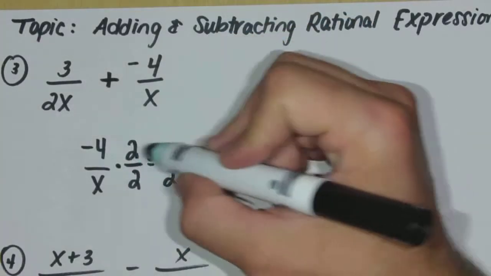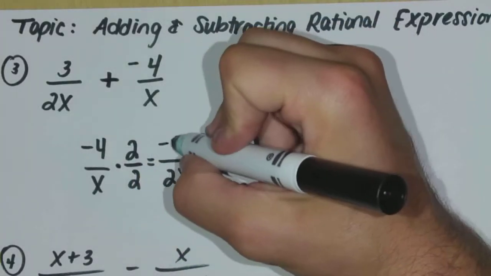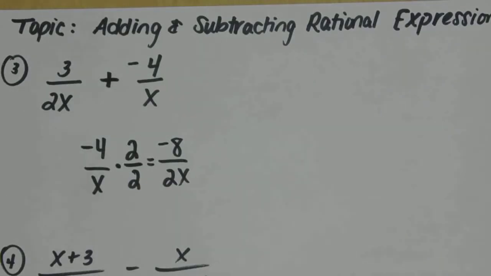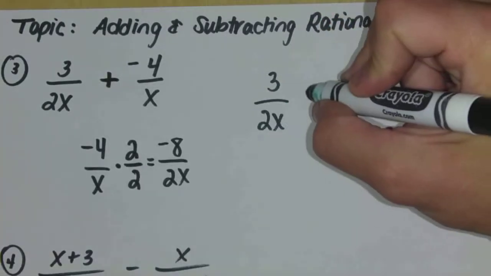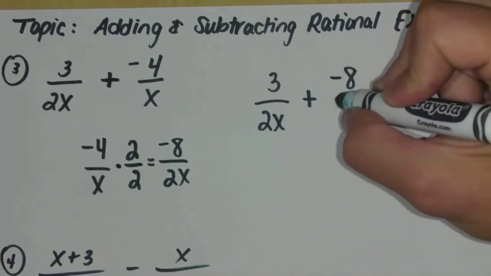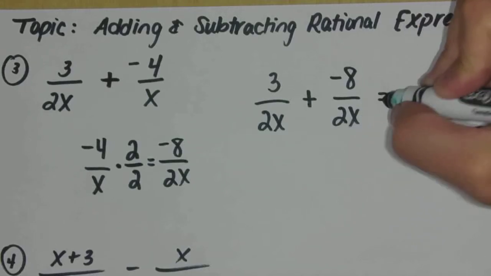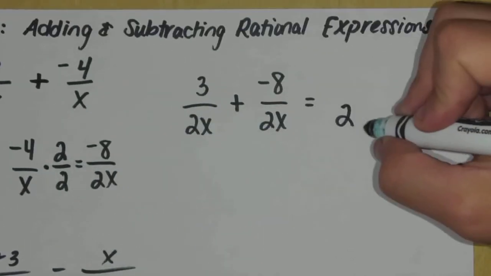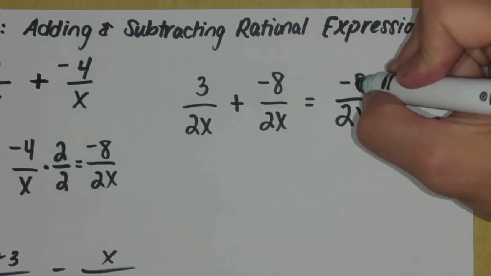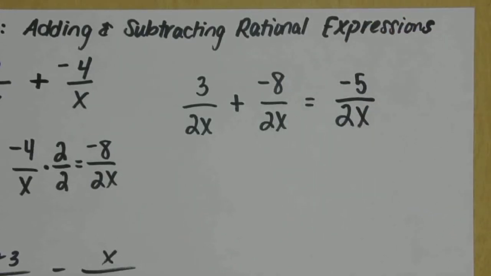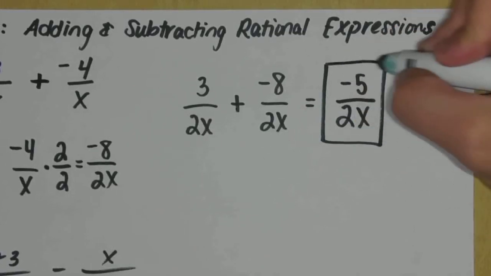So multiply by 2 over 2: negative 4 times 2 is negative 8. Now that leaves me with 3 over 2x plus negative 8 over 2x. Add across, denominator stays the same. 3 plus negative 8 is negative 5 over 2x. I can't reduce it, so that's my final answer.